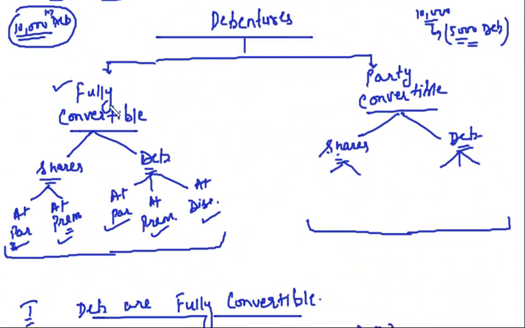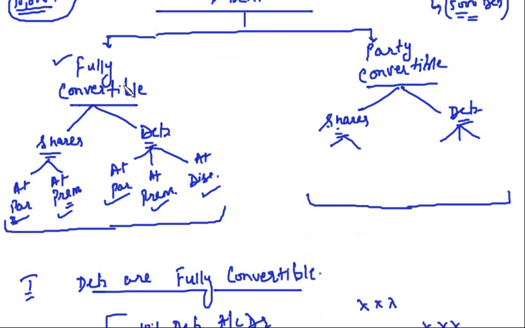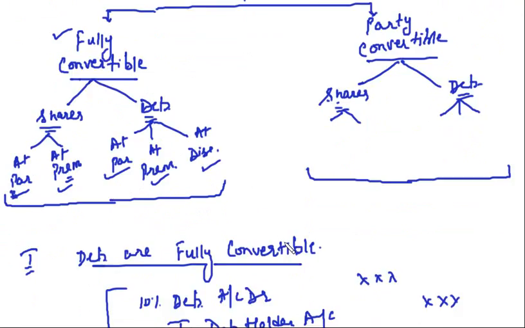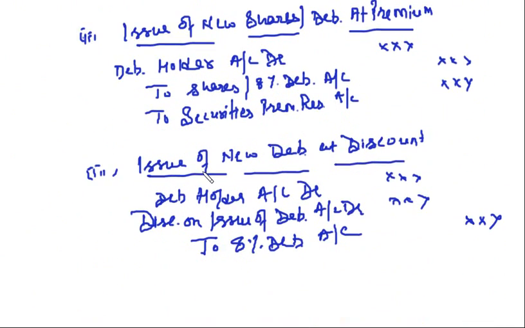Then I told you debentures can be converted either into shares or into debentures. So whatever new shares you will issue, these shares can be issued at par or at premium. Similarly, debentures can be issued at par, at premium or at discount. So what we discussed, debentures which are fully convertible into shares or debentures, first we discussed at par, then at premium and then at discount. Clear?